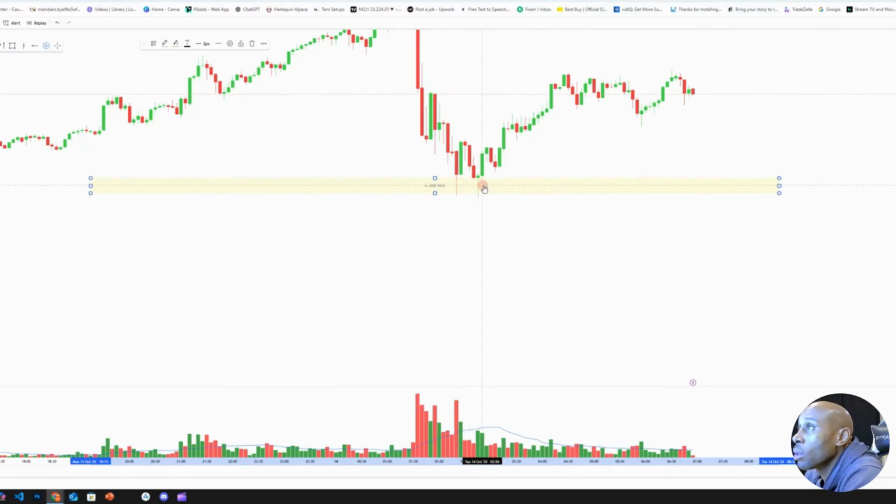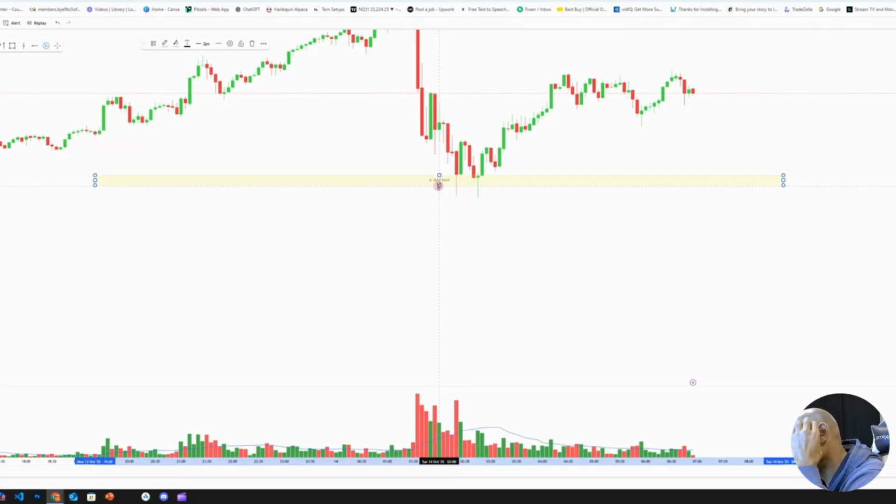So this is one way to draw it. Another way, let's say I didn't want the area this wide, then I would move the area up to these two candles, at the bottom of the body of these two candles, right? And then I would just make my zone a little bit smaller, all right?